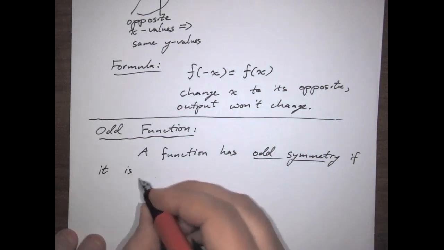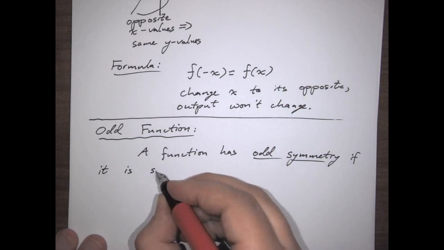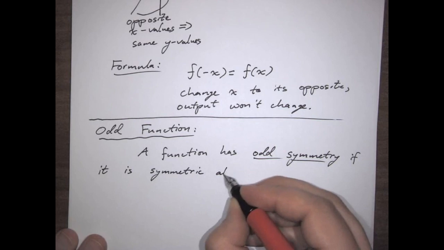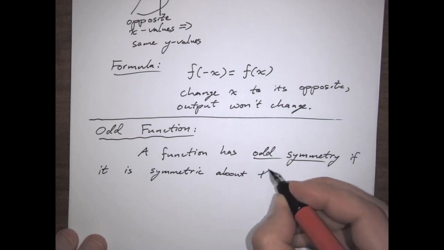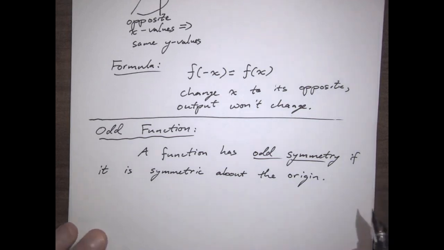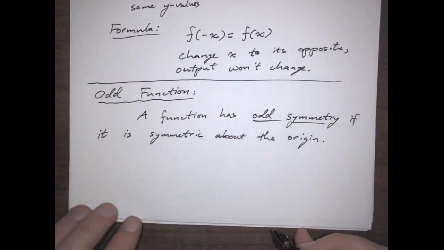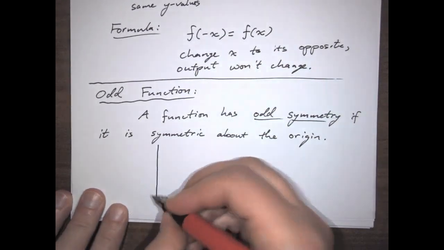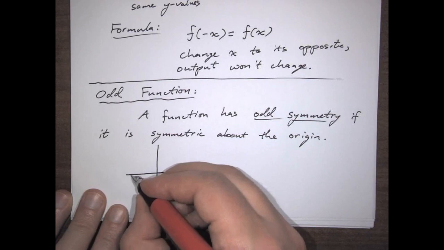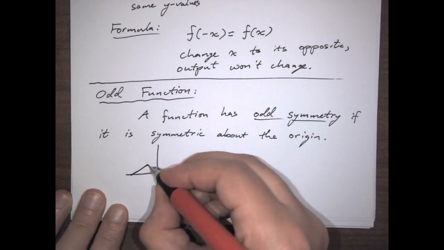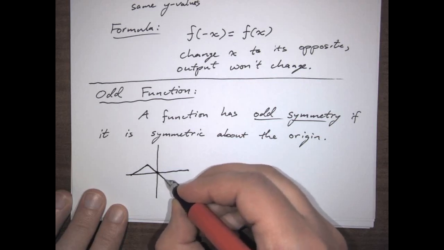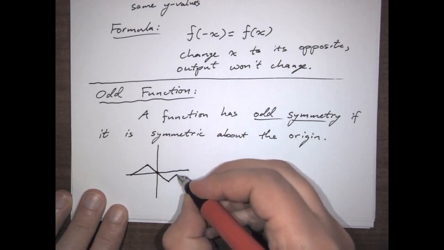It is symmetric about the origin. And what that means is that it looks like this. So if this side goes up and then down like that, then on this side, what you see is the opposite.